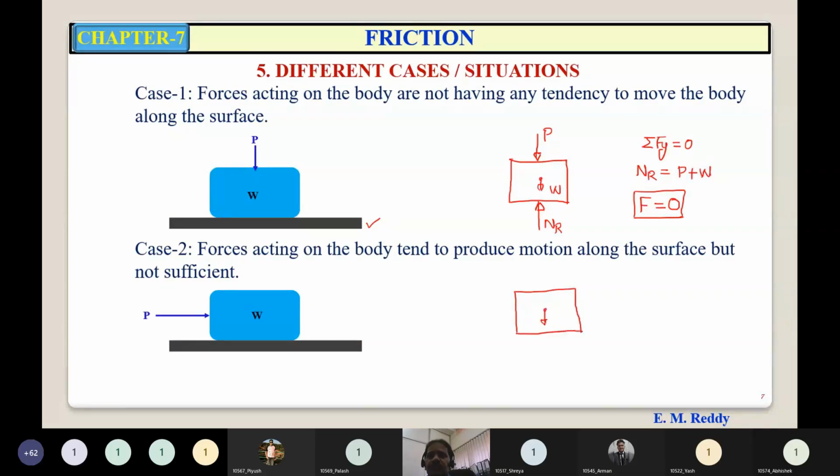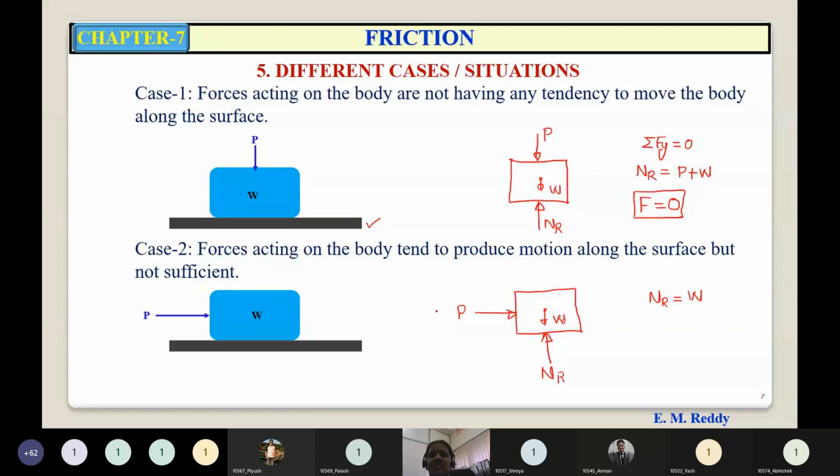Weight of the body acting vertically downwards, the normal reaction offered by the surface vertically upwards, and the applied force horizontally towards right. Now in the Y direction, the body is not moving, it is in equilibrium. So summation Fy is equal to 0, normal reaction is equal to weight of the body.